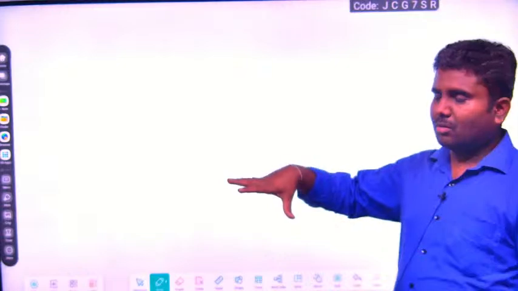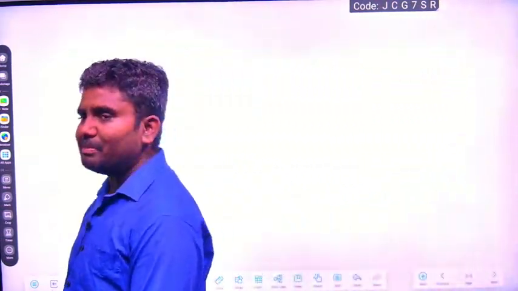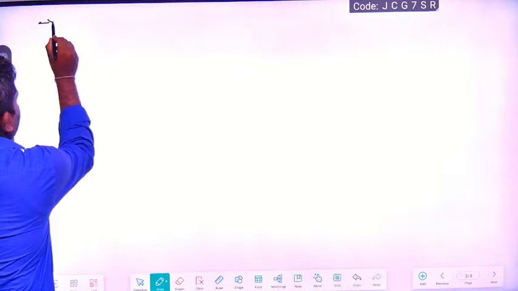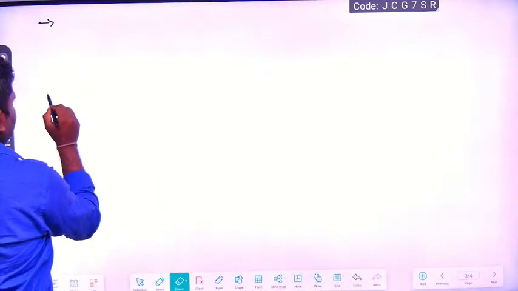what we can discuss is one application. What is the electric potential due to a dipole? Please take the heading. They will ask this in your exams.